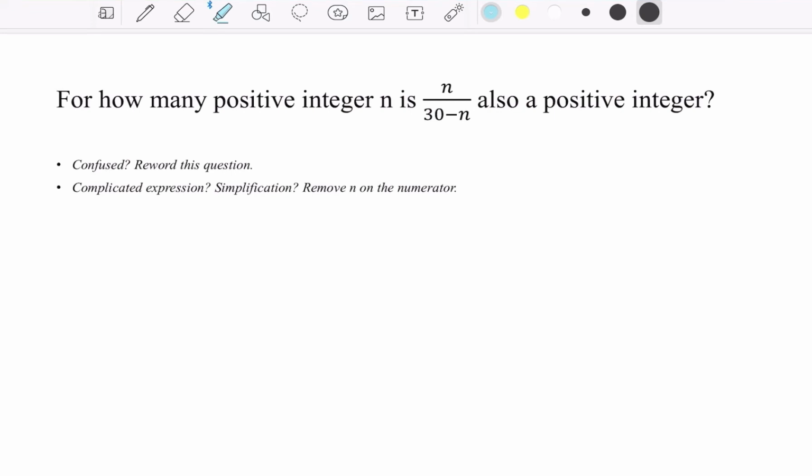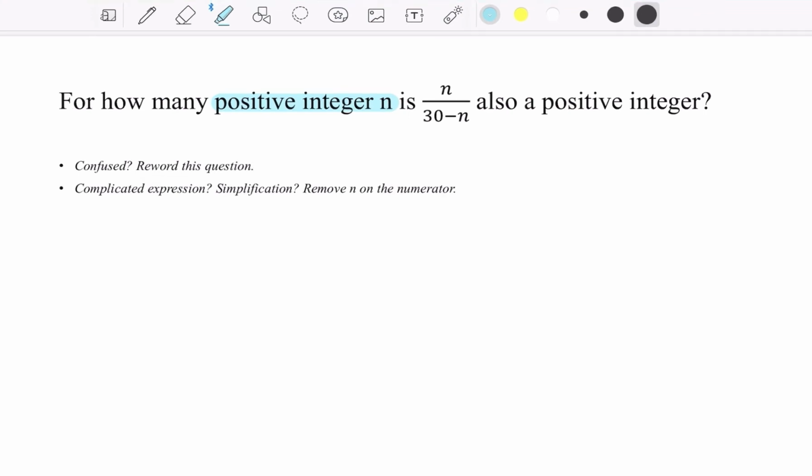One arrangement that we can try out is to think about removing n on the numerator, but at the same time, making sure that the denominator shouldn't be changed. Notice that n on the numerator is positive, as stated in the question, positive integer n. So if we can apply a negative n on the numerator, then the expression can be simplified. We have to satisfy two conditions: one, removing n on the numerator, and the second, keeping the shape of 30 minus n.